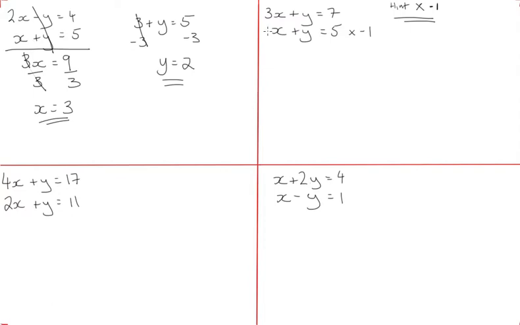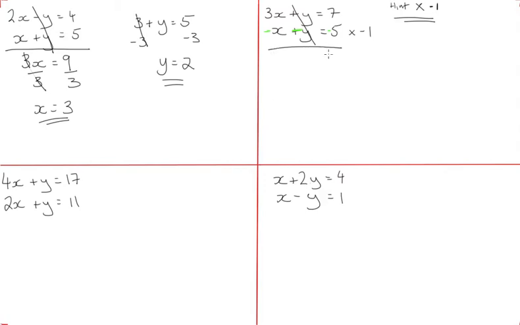If we multiply x by minus 1, it becomes minus x. If we multiply y by minus 1, it becomes minus y. And if we multiply 5 by minus 1, it becomes minus 5. So once we've done that, now we can see that the two y's will cancel.